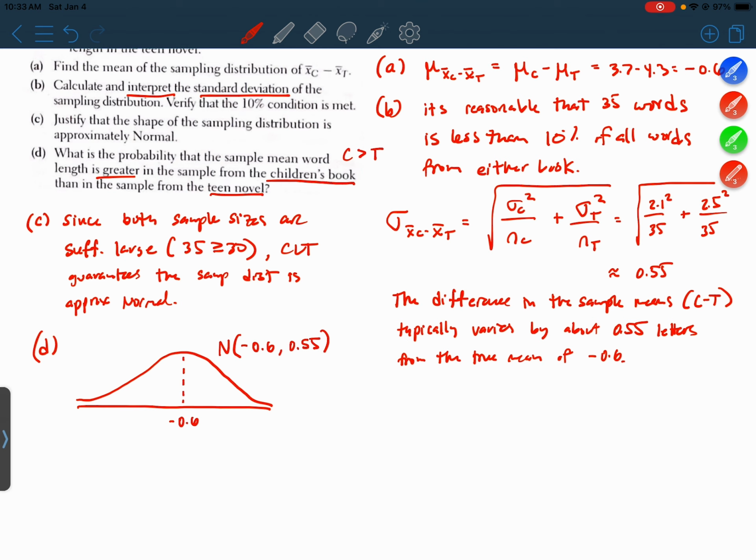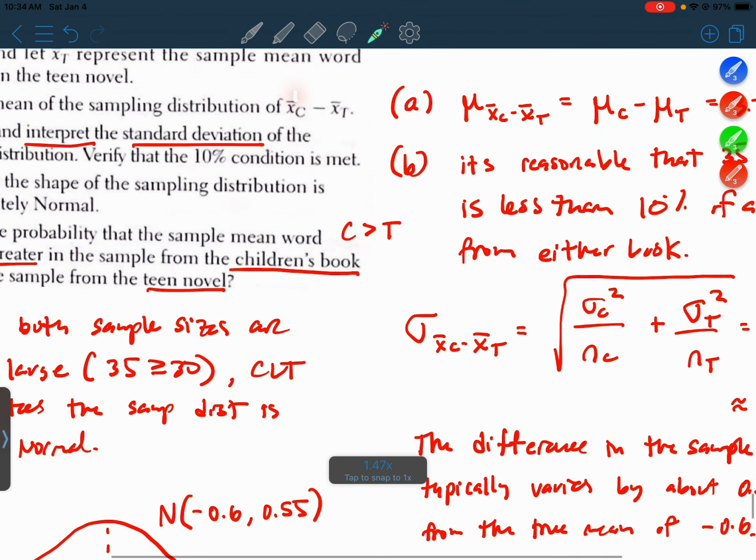Okay, so if the sample from the children's book has a larger mean than the teen novel, that's saying that C is greater than T. Let me just make sure I'm reading this right. What probability is the sample mean word length is greater in the sample from the children's book? Yeah. So if C is greater than T, that means the difference would be positive, right? So this would be greater than 0.